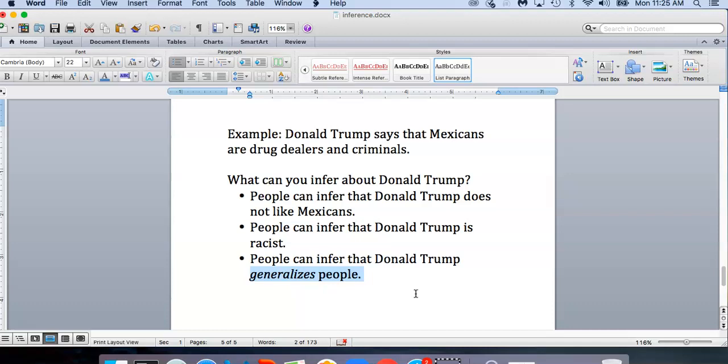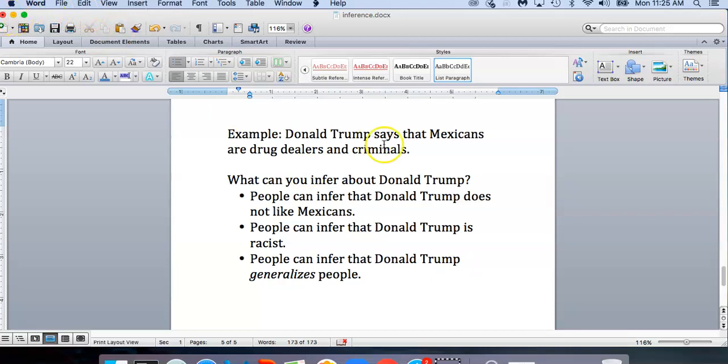If you go to France, they have drug dealers and criminals. If you go to Australia, they have drug dealers and criminals. So crime happens everywhere. It's not just in Mexico where this happens. So when he says that Mexicans are drug dealers and criminals, that's a generalization, because he acts like only Mexican people do this. So that's a lesson about inference.